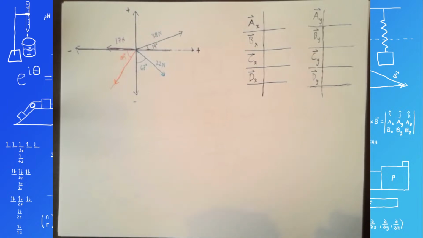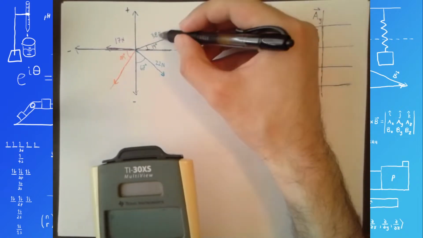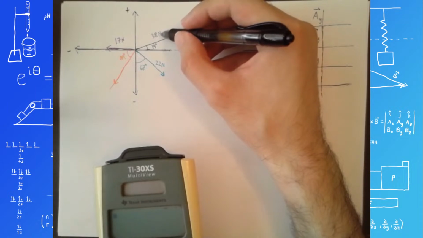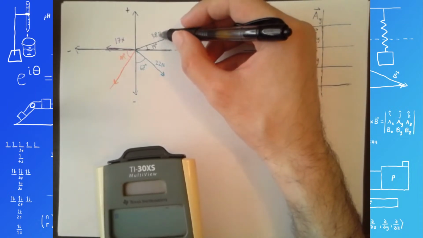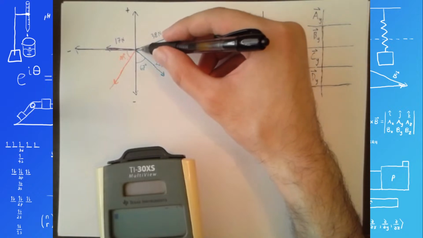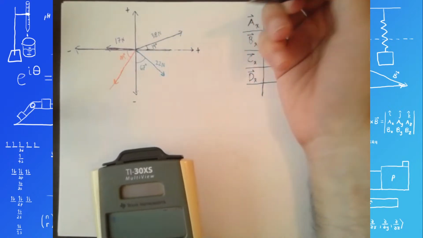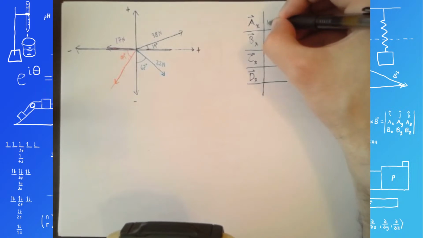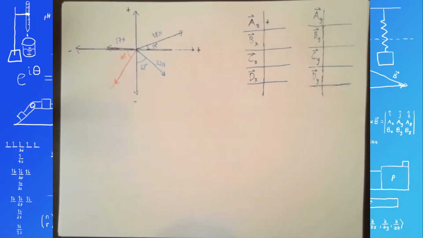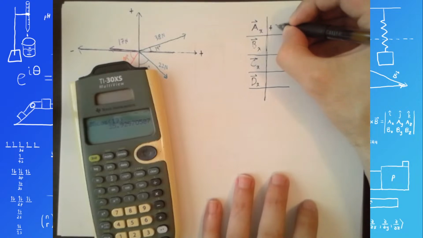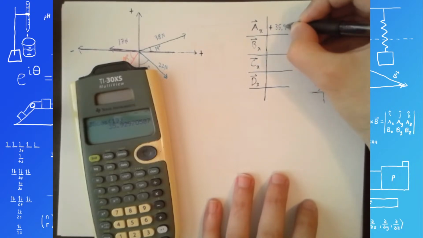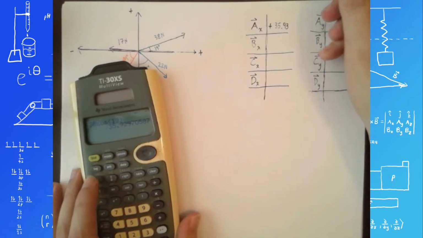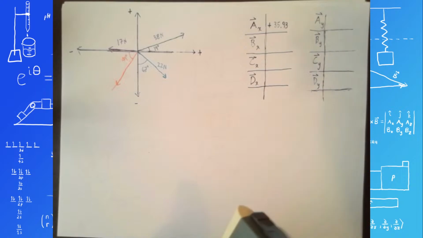Anyway, components. The X component of this 38 newton vector would be 38 times cosine of 19. The adjacent side to the 19 is on the positive x-axis, so that's going to be a positive value. 38 cosine 19 gives me 35.93, give or take.